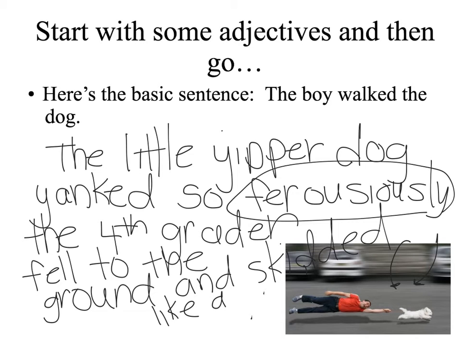I have really changed this sentence. I'm going to read it again. The little yipper dog yanked so ferociously, the fourth grader fell to the ground and skidded like a stone on a pond. I think that's my favorite sentence ever.